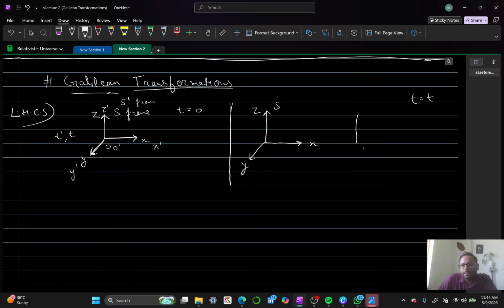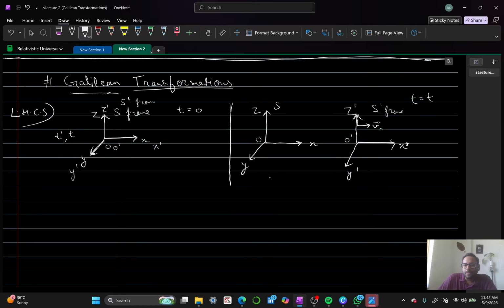This is x prime, this is z prime, this is y prime, and this is the S prime frame. This S prime frame is translating in the x direction. This is my O origin, this is my O prime origin.